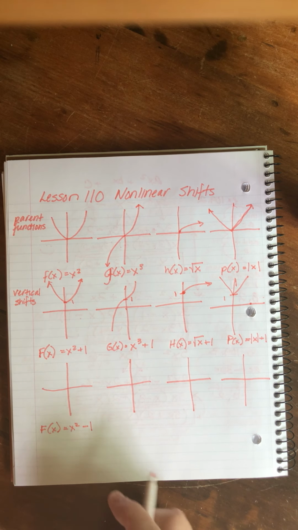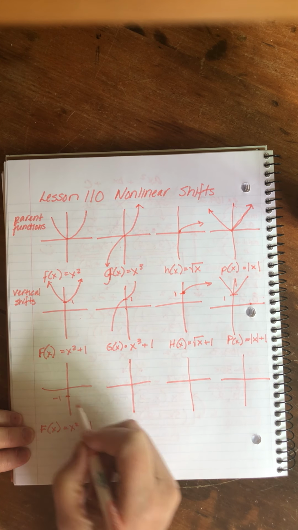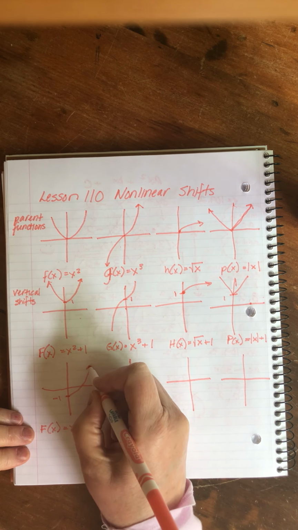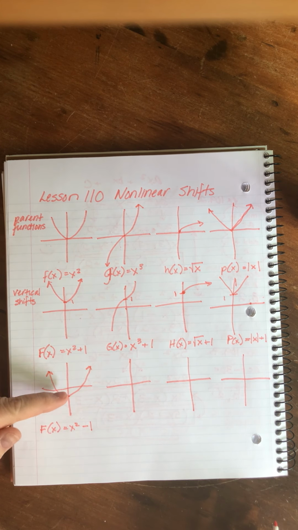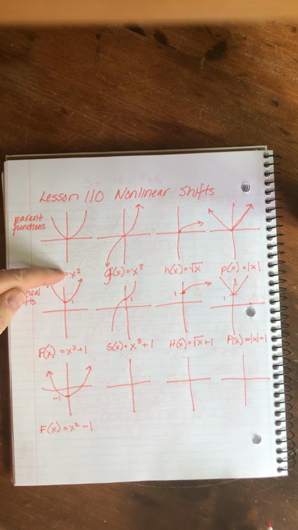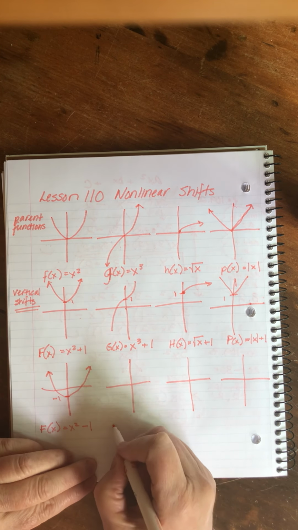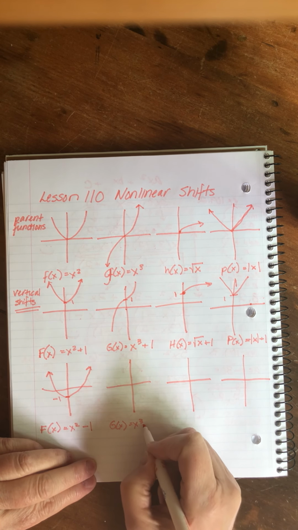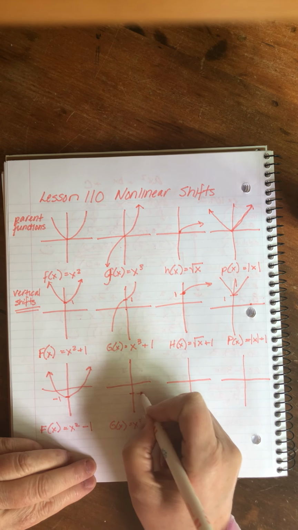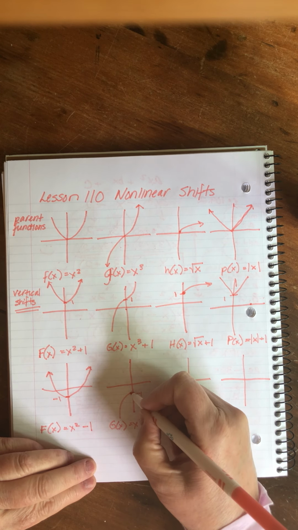That's the way the equation would look, and look, same thing, we just take the very same shape, pretend it's the same shape, and we just drop it down. It's a vertical shift down, this is a vertical shift up. So these are two different kinds of vertical shifts. This one, the g of x would be equal to x cubed minus 1. There's minus 1, and it would go like this.